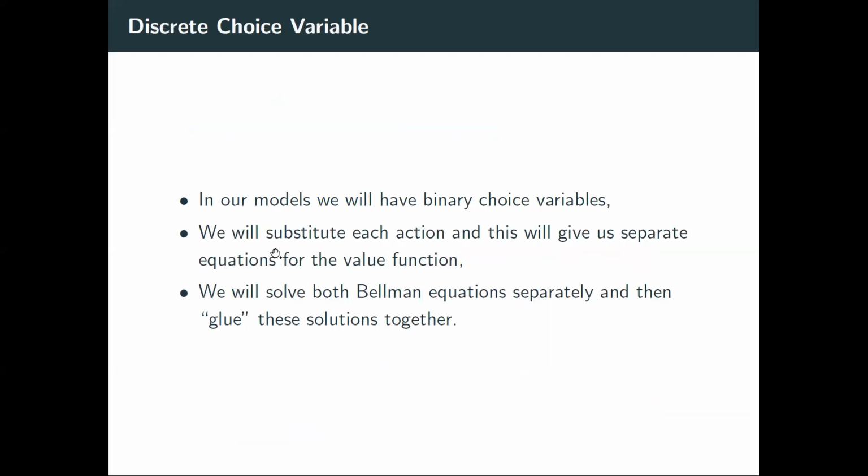And at the final stage, you will need to glue these separate value functions into one global value function. And this algorithm of how you actually glue these two value functions is a tricky thing, and we will go through it.